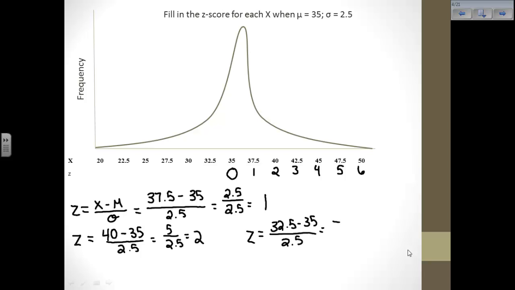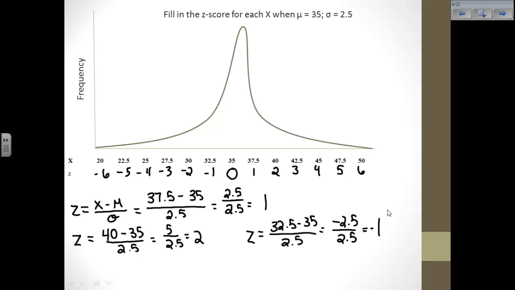Well, you end up with negative 2.5 in the numerator divided by 2.5. And voila, negative 1, because 32.5 is 1 standard deviation, or 2.5 points, below the mean. So negative 1, negative 2, negative 3, negative 4, negative 5, and negative 6.